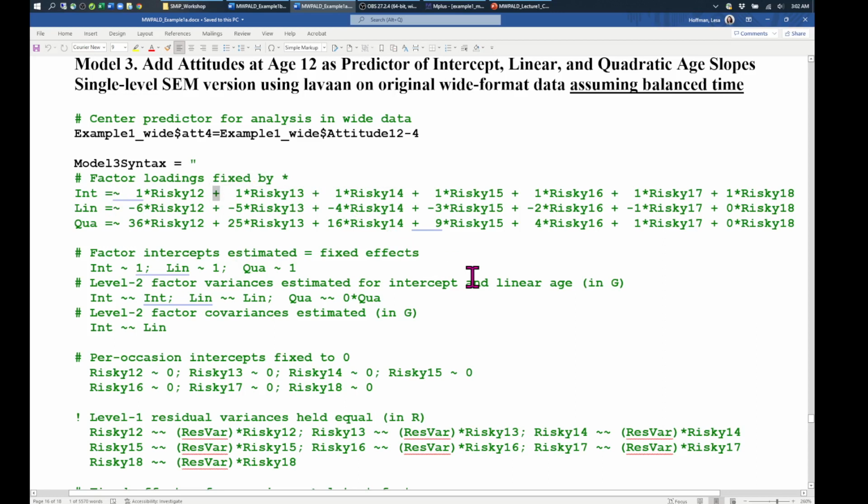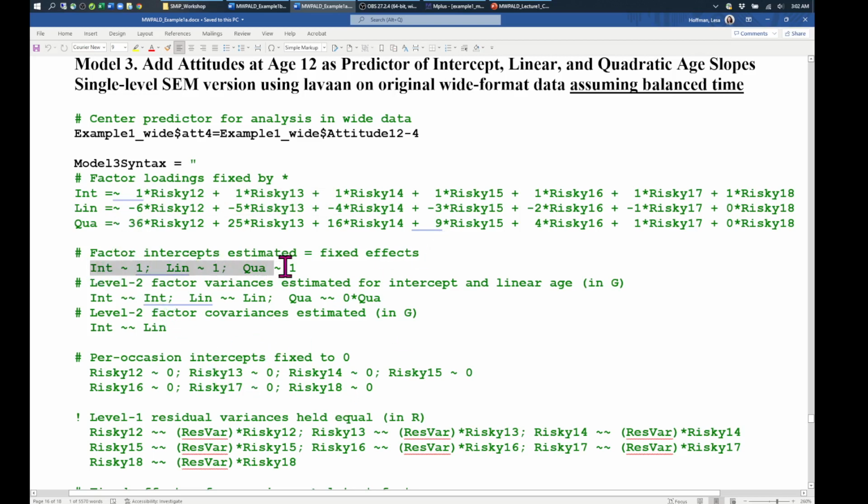So it's more of a combination as opposed to an actual addition. Same thing with the new variable linear. So I have it centered so that 18 is my time 0, and that's why these numbers are negative, because these are going backwards in time relative to the definition of 0 at the end. And then quadratic are the same numbers squared. So then they turn positive.